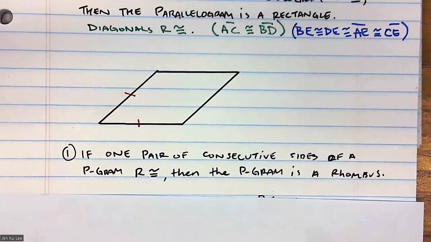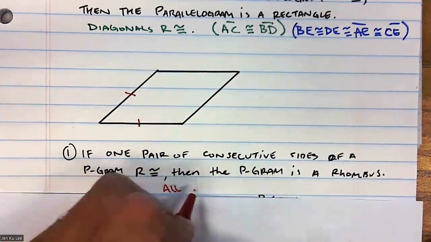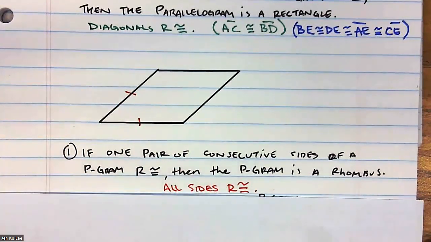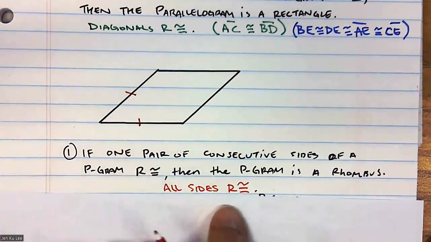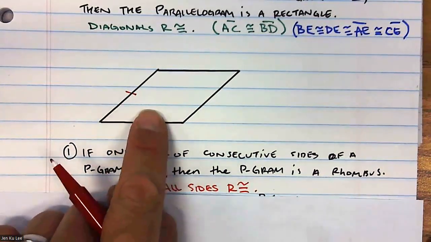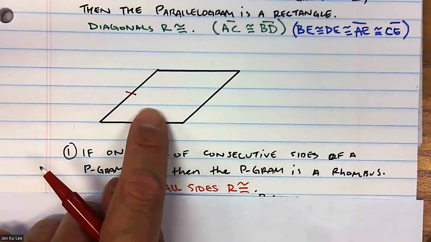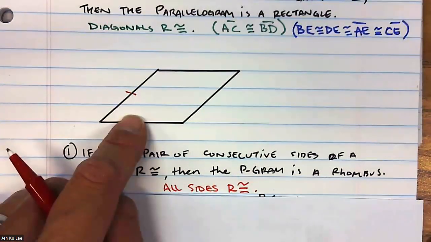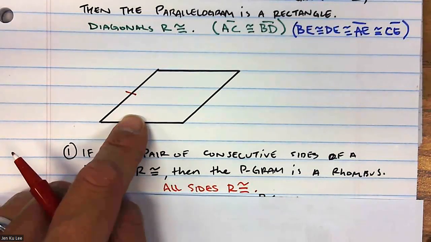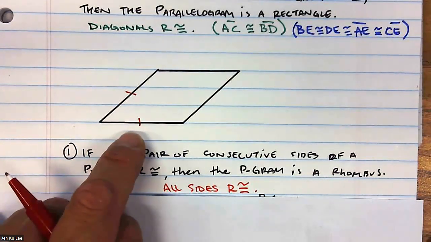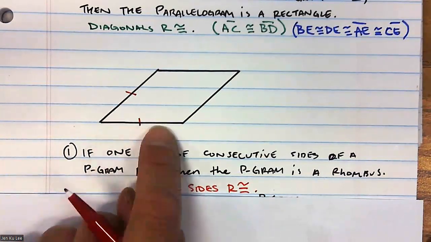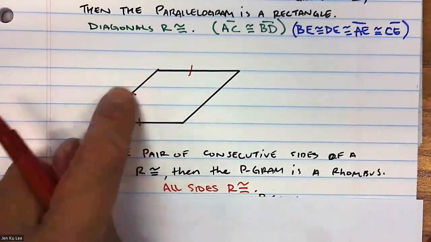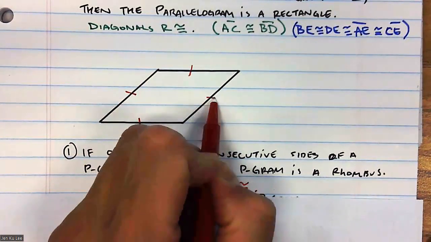All right, so the characteristic here is that all sides are congruent. Why are all sides congruent? I know that this is a rhombus, and I know that this is a parallelogram, right? So if I have a pair of consecutive sides that are congruent, you're given that. Well, I know opposite sides are congruent. So if this side has one tick mark, then the opposite side must have one tick mark.